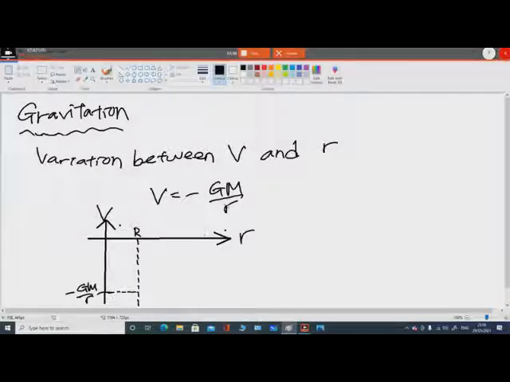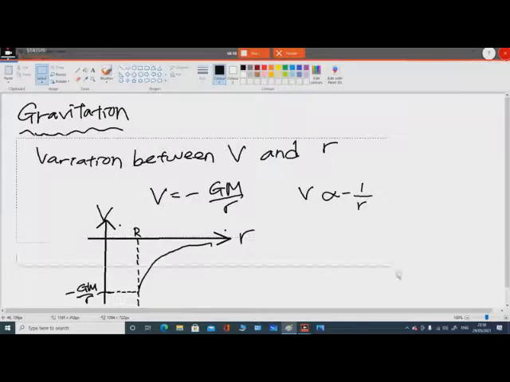As for outside the Earth, V is inversely proportional to the distance between the Earth and the object, so what we get for this graph is a reciprocal graph. This is how we represent the relationship between gravitational potential and the distance between two objects in terms of a graph. Alright, we have done the gravitational potential, so let's move to the next part.